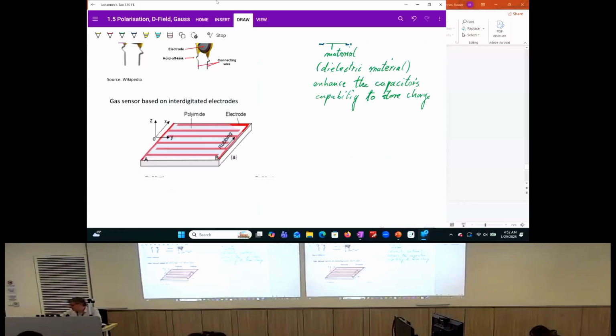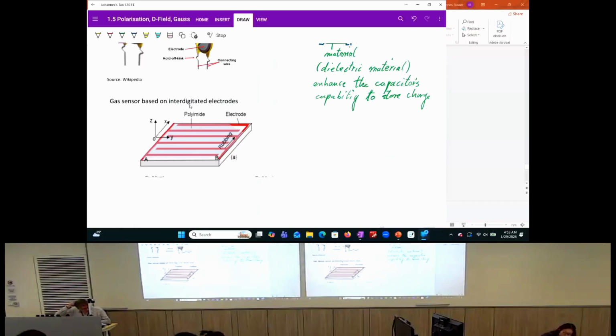You have plotted in red here the electrodes, and you see there's one electrode, this is B, and the second electrode A, and these are like fingers that reach into each other. Hence the name interdigitated, from digit, the finger. So they are kind of grabbing into each other.